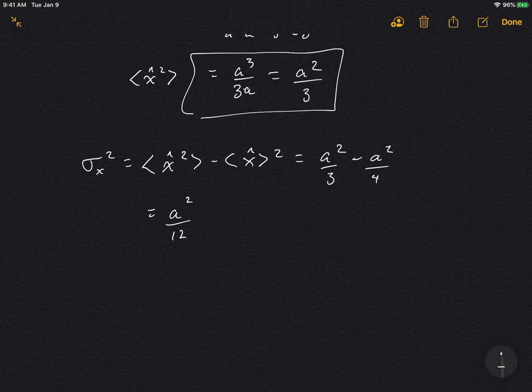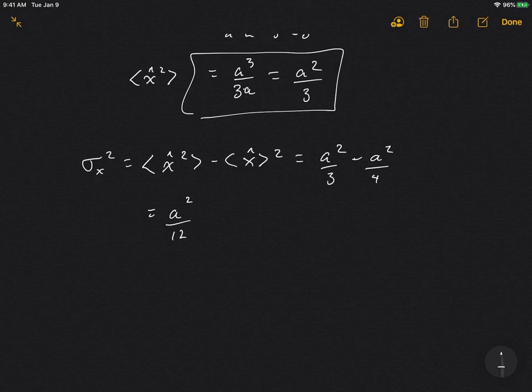You wouldn't expect the uncertainty in the position to be 5 times the size of the box. That wouldn't make sense with my physical picture. I can't see how I could arrange the particle density in such a way to do that. And it's not 1,000 times smaller than the size of the box either, which I wouldn't expect based on the shape of the sine function. So yeah, this seems like a reasonable result.